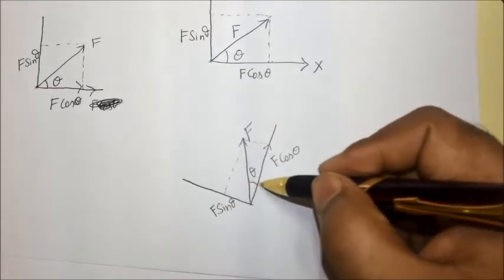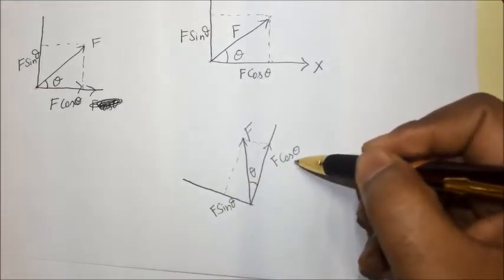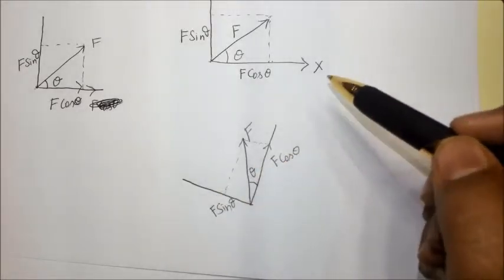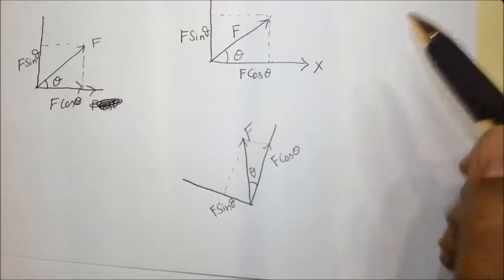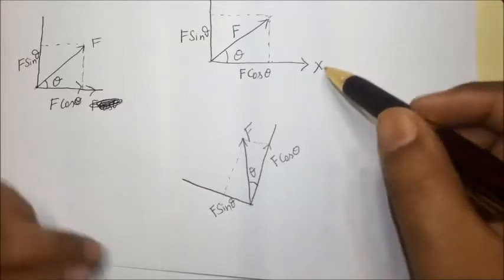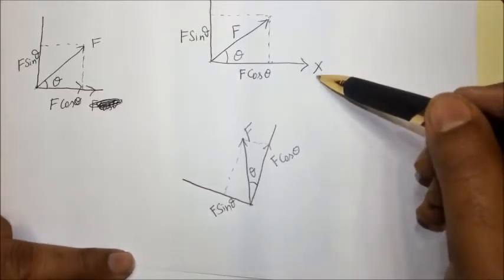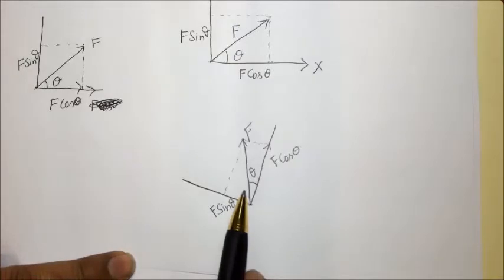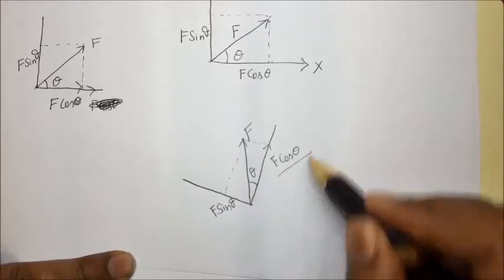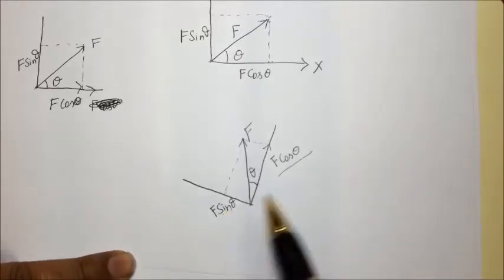So the leg that is directly connected to theta goes cosine, the other one goes sine. In future chapters you may have angles and forces in different directions, so even if I don't refer to X and Y, you should know that the leg directly connected to theta goes cosine, the other one goes sine.